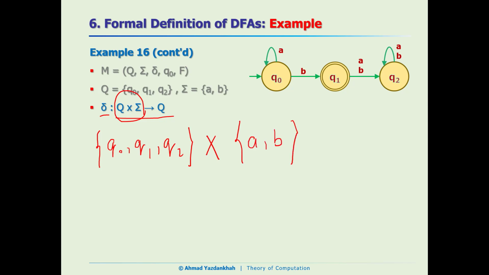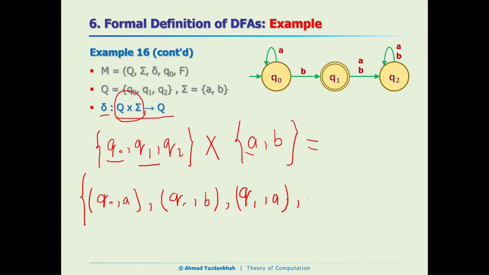A, comma, B. And we know how to create this Cartesian product. So the Cartesian product is a set of ordered pairs, one from here and one from here. So Q0 A, comma, Q0 B, comma, then Q1 A, and so forth. Yeah, the last one will be Q2 B.